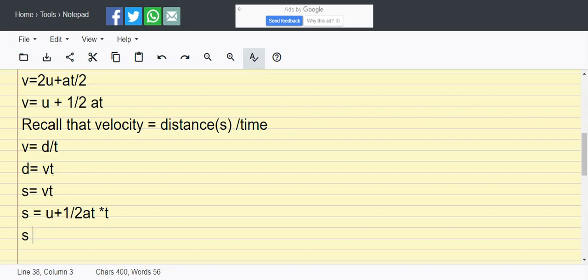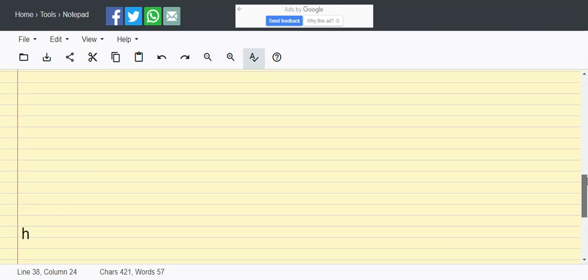So therefore our s equals ut plus one over 2 at squared. This is our equation 2.